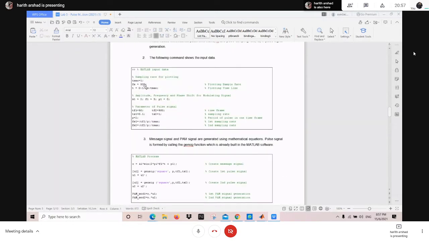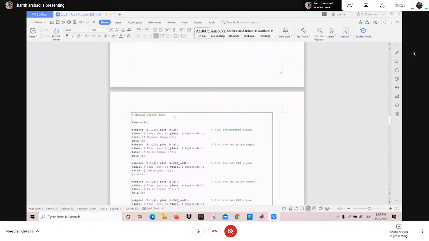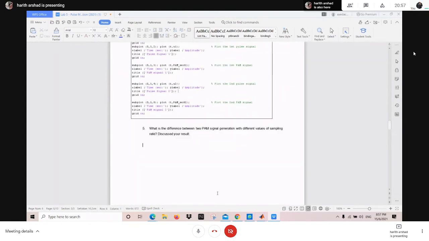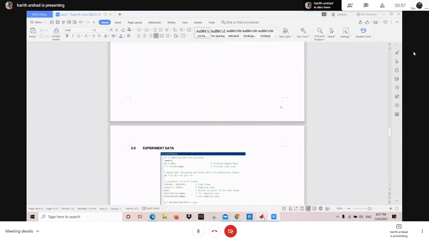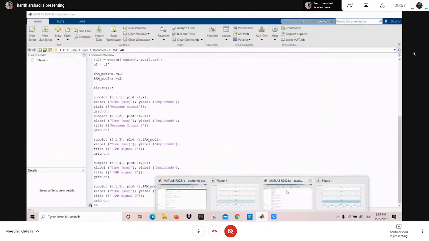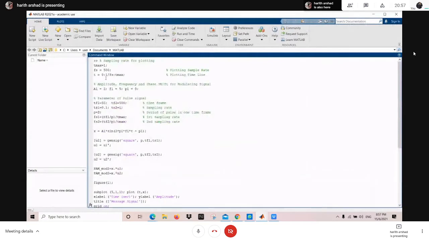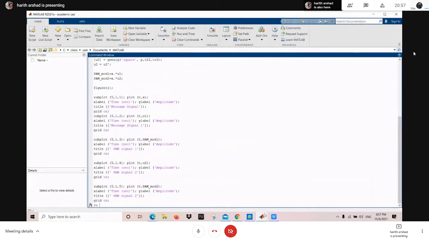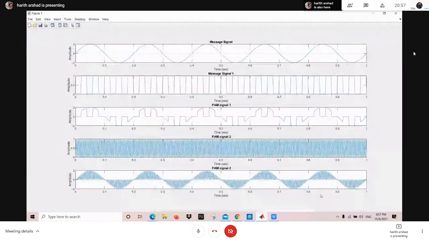After we copy the two pieces of code and paste them here, we get the result here.